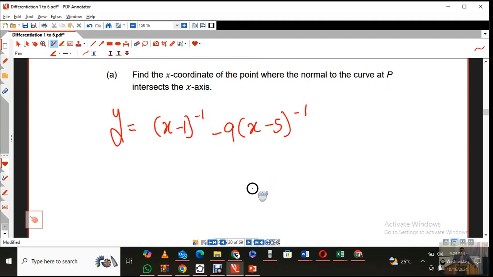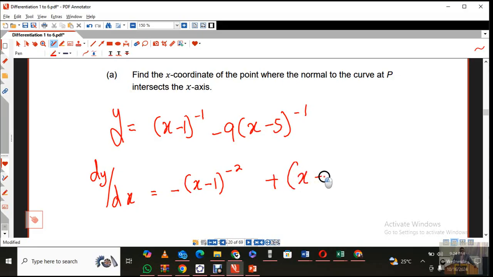So let's derive, and the derivative of this, of course, dy/dx would be negative here, then you have (x - 1), now this is going to be minus 2, plus, so we're going to have a plus here, negative 1 times negative 9, then you have (x - 5), and that is going to be minus 2.